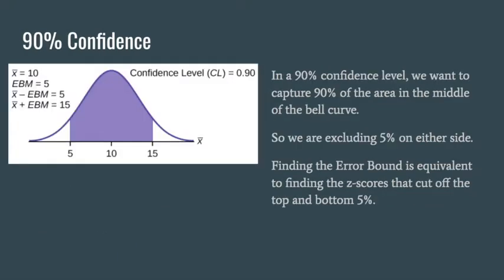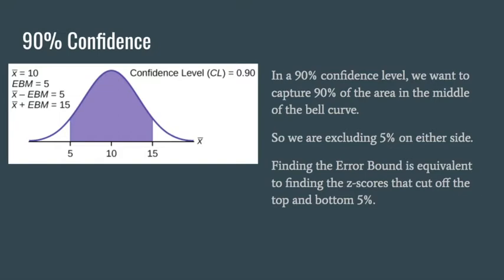All right, so just a visual here to try to help us understand what we're talking about in terms of the central limit theorem and the normal distribution. If, say, for example, we're working a problem and we want a 90% confidence level, that means we are looking for the interval that would basically encompass the middle 90% of the normal bell curve.